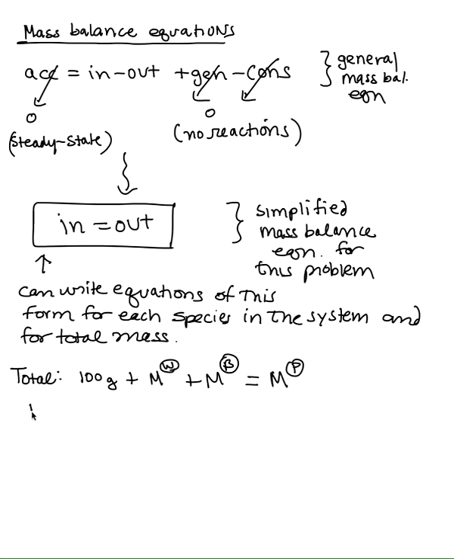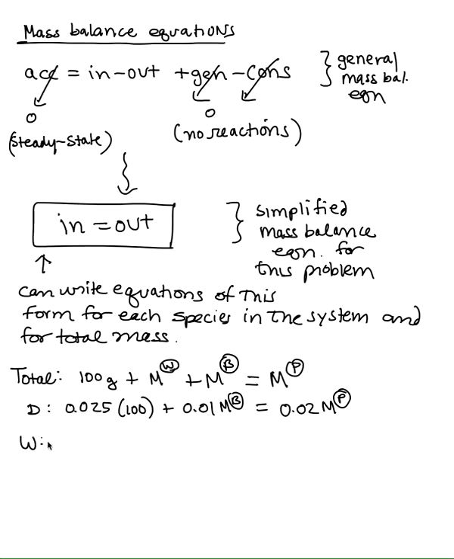Okay, we can write a balance equation for dextrose. It's 2.5% of stream C, 1% of stream B, and 2% of stream P. So dextrose is only coming in two streams and exiting in stream P. So we took care of that.